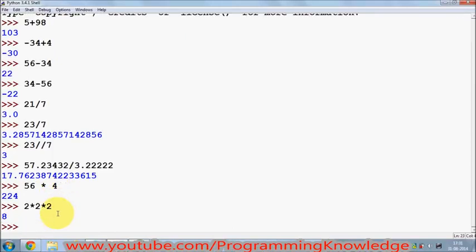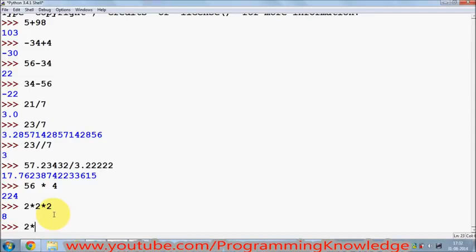But if you want the exponent, for example, 2 to the power 15, how can you do it? You could write 2 multiplied by 2 multiplied by 2 fifteen times, and this will be lengthy, right?